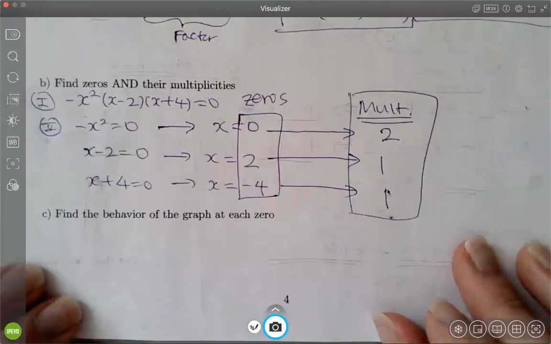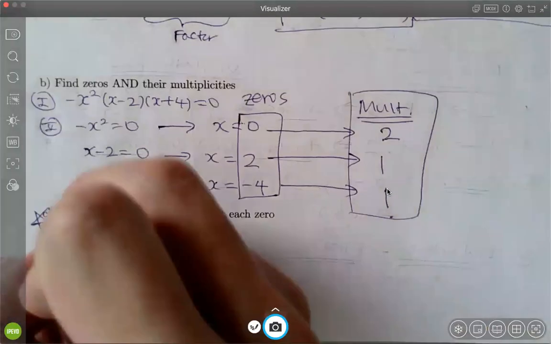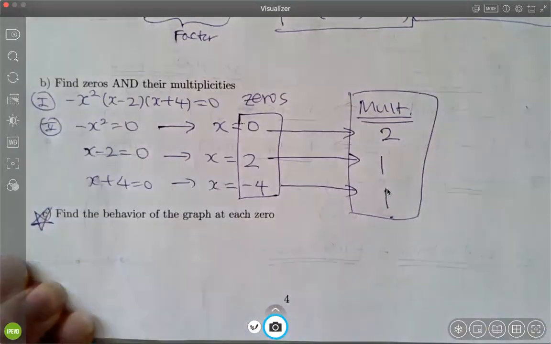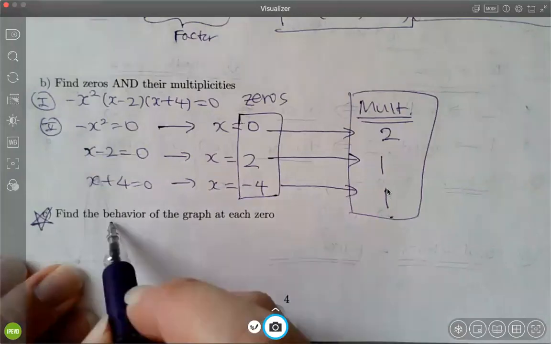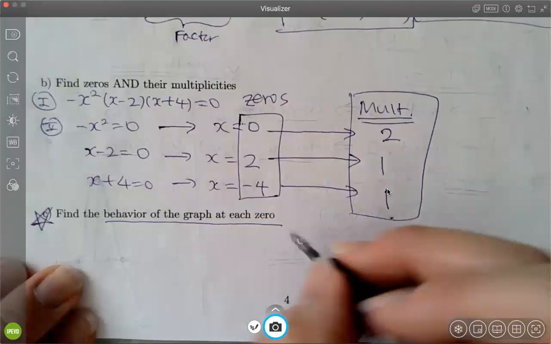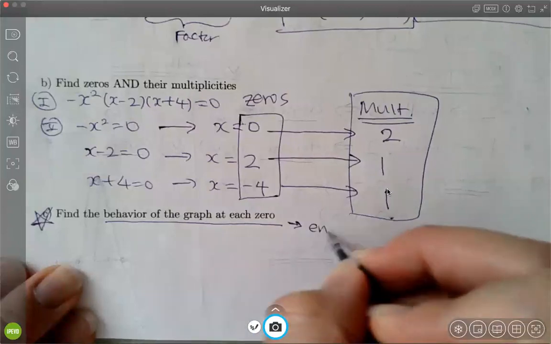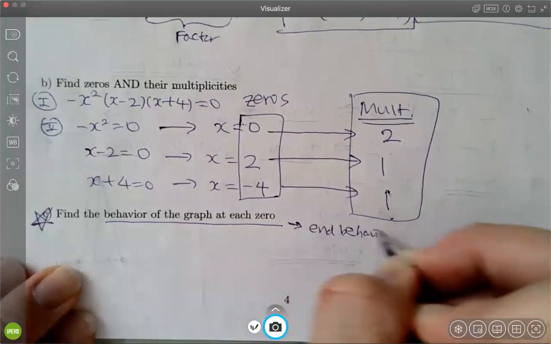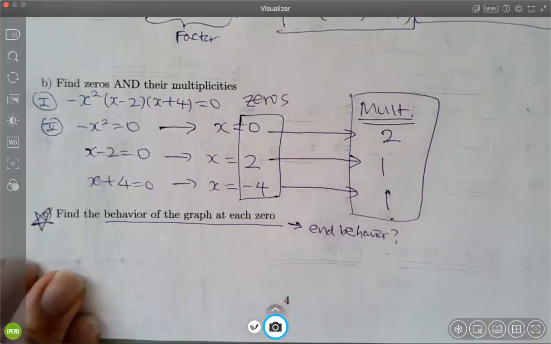And now, part C. This one is kind of tricky. Find the behavior of the graph at each zero. So here's my question. Does this mean the end behavior? No. Don't be tricked by the word behavior.